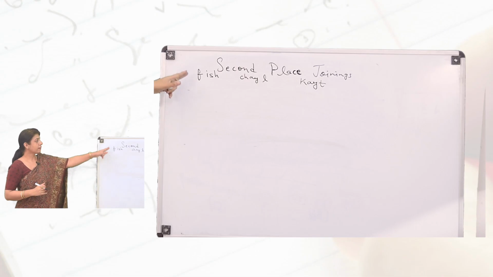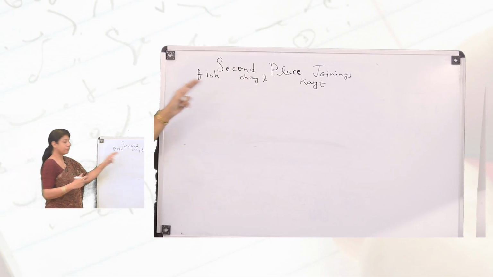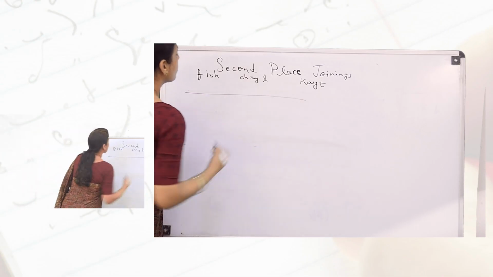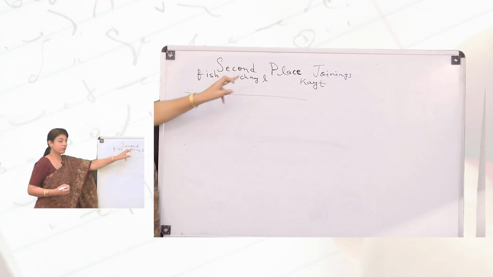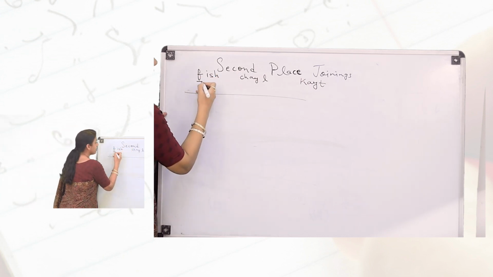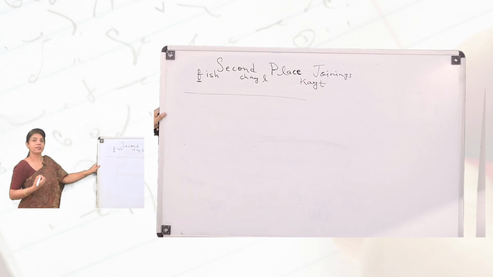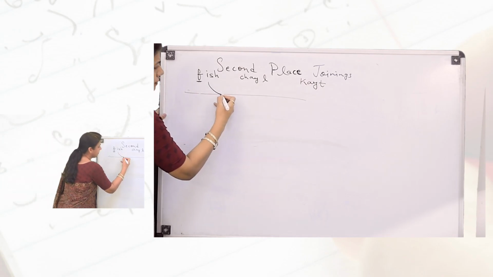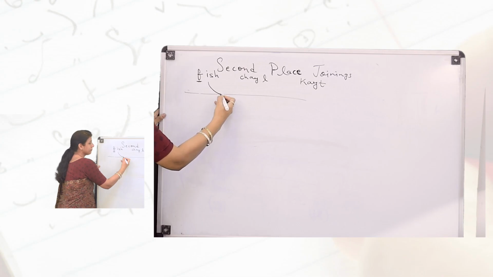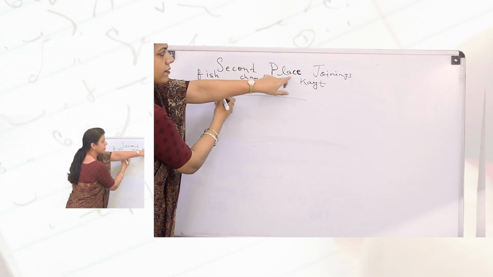Now just understand the meaning of second place with these examples. Suppose we need to join F and Ish at the second place. In the second place, the first consonant should rest upon the line. This is how F is made. It is resting on the line as it is a second place joining.